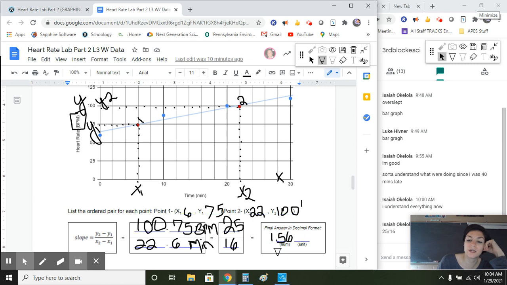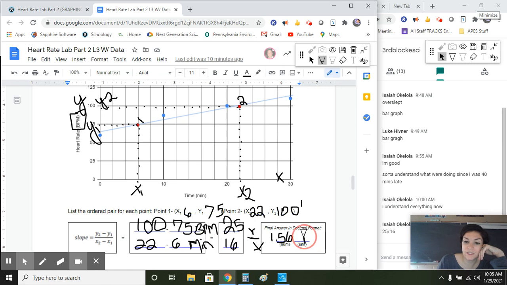That's the number. Now you need the units. And you might be saying, Miss Middleton, how the crap am I supposed to know the units? This doesn't make any sense. To find this number, you took y divided by x. So you literally take the units for your y, beats per minute, divided by the x, minutes.